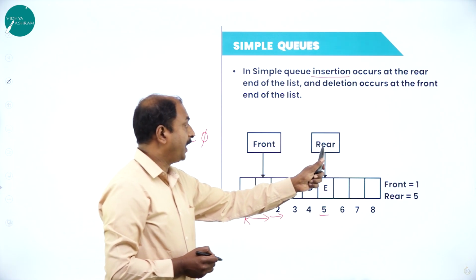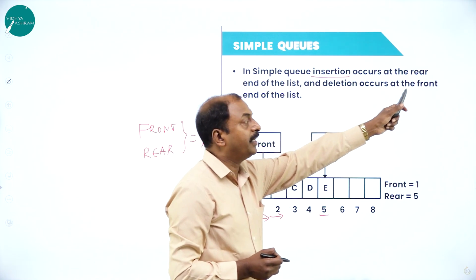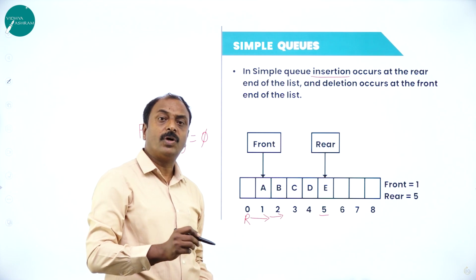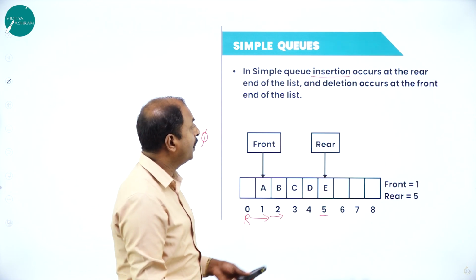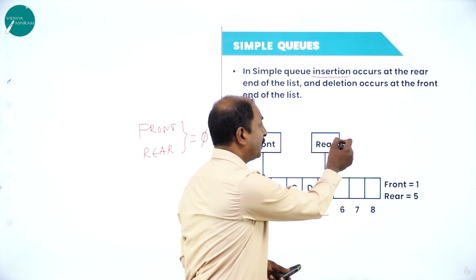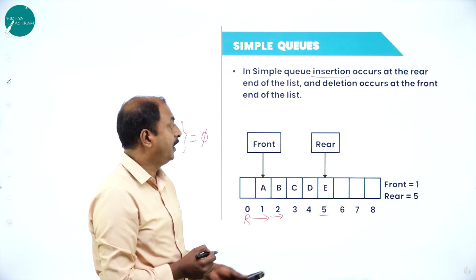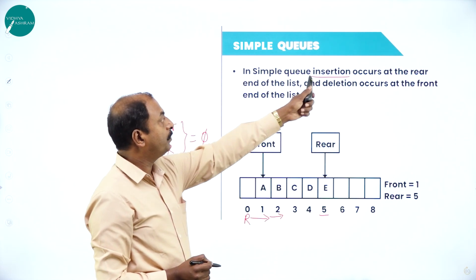This is the pointer where insertion takes place. Now if we want to insert one more element into the queue, we have to increment the rear pointer by +1.